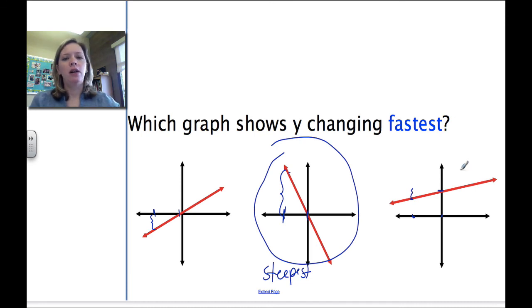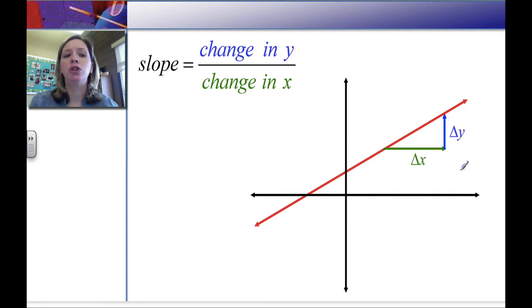Alright, so now let's talk about how we measure slope. Slope is defined as the change in the y values divided by the change in the x values. And in mathematics and in science, a lot of times we use this little triangle to indicate change. So we say the change in y over the change in x.